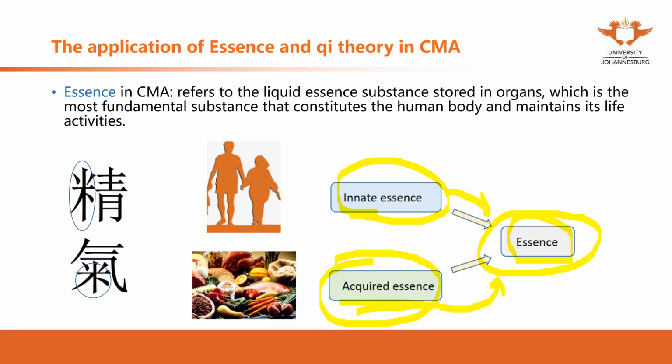Which part needs to be responsible for the weakness of this patient? Sometimes the patient will tell you that when they were born, their parents were in their 40s. So in this situation, the patient may have essence deficiency, the innate essence deficiency. This patient was born with a weak body constitution.